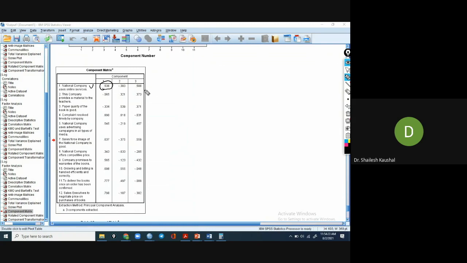For another variable, again it's giving a high value under the third component and a high value under the second component, and this one is also giving a high value for the first component and the third component. So it's a problem of cross loading. When one variable gives a high value under 2 factors, it's a problem of cross loading.